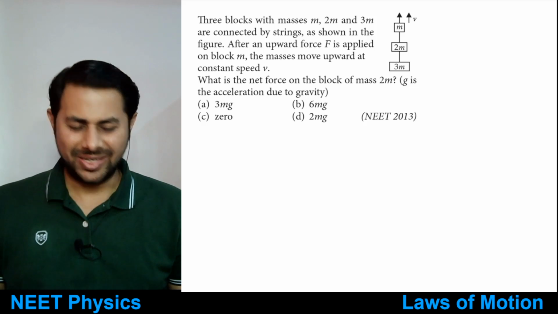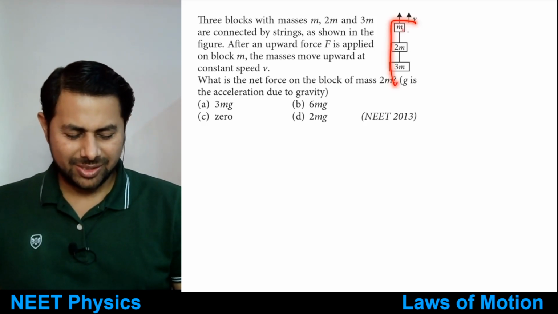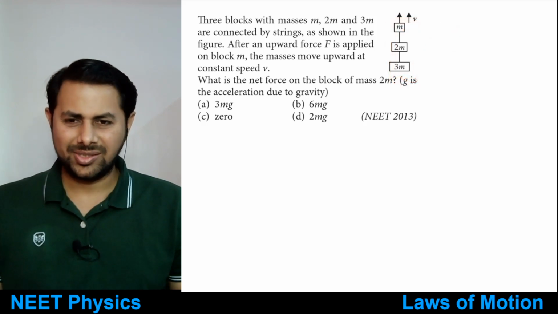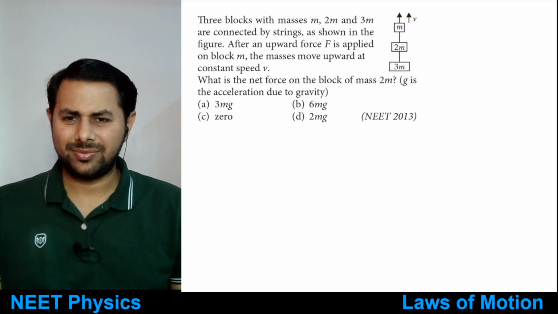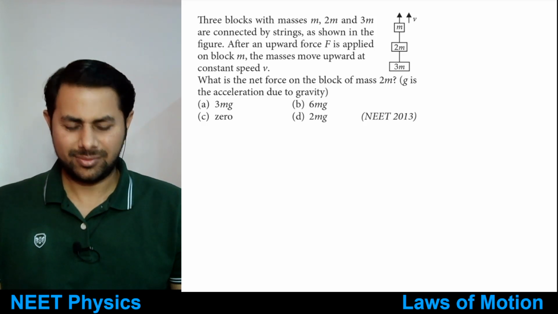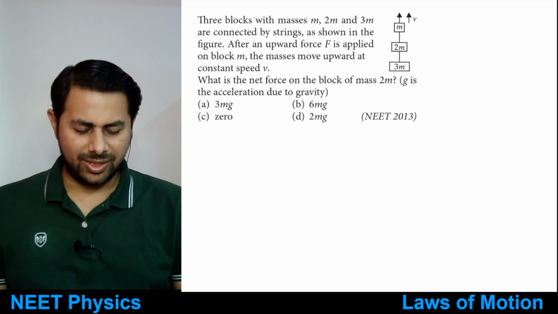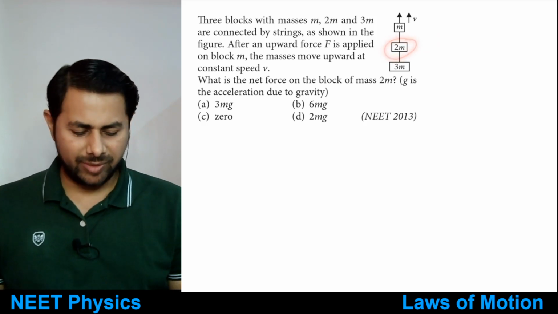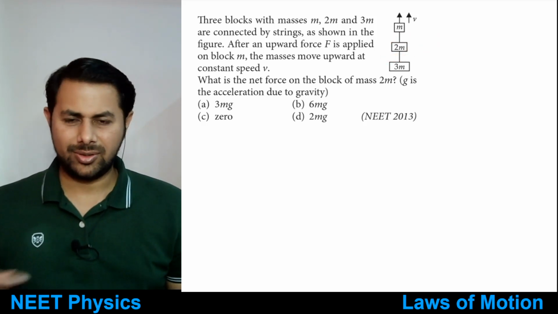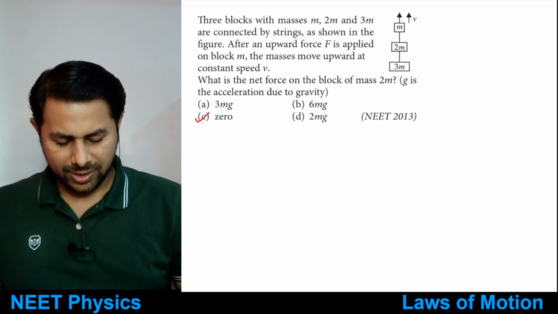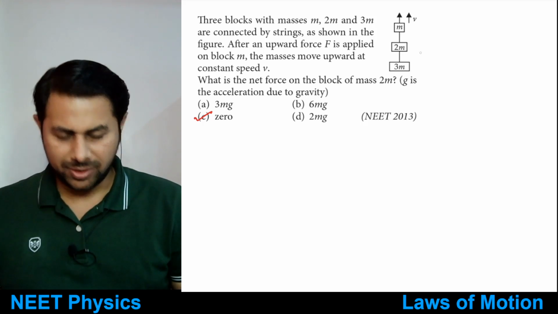You don't even need to think about this. The system is moving with constant velocity v, which means the net force acting on the system is 0. Every mass is moving with the same velocity, which means the net force is 0 acting on each and every mass. So this is the answer, option C, the net force is 0.